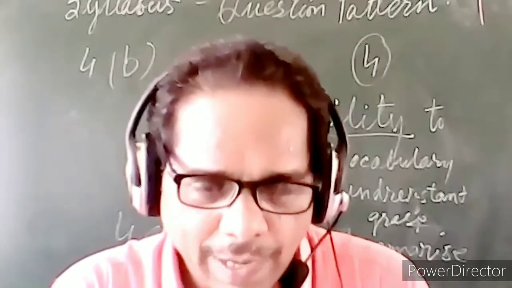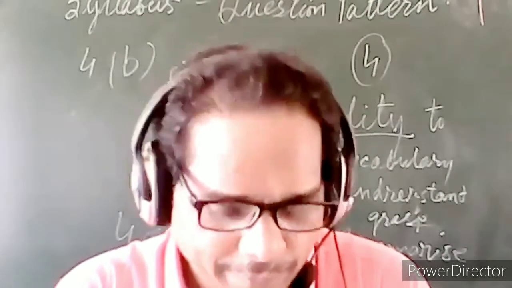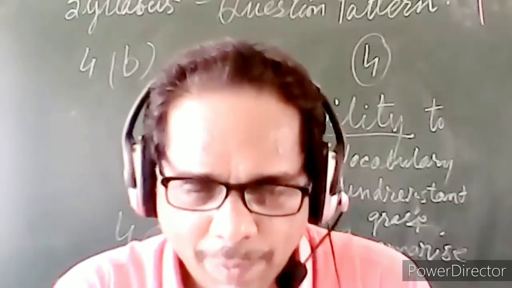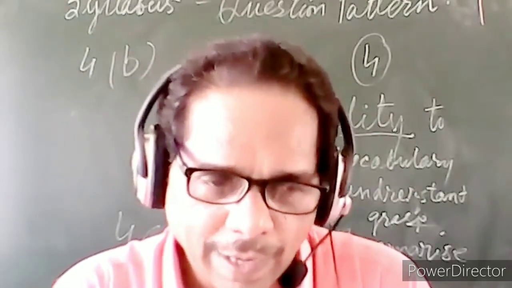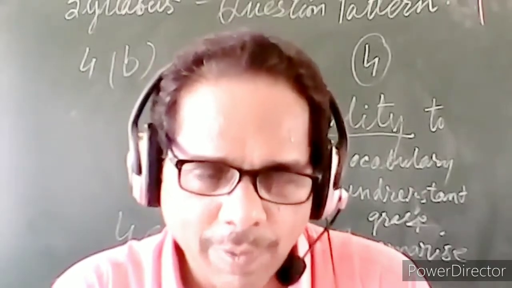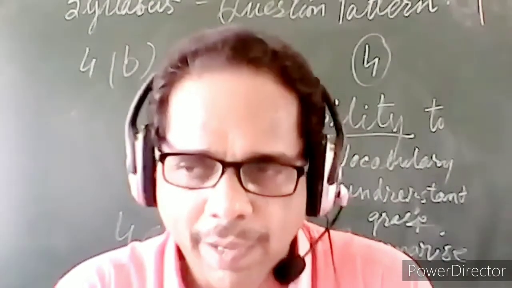Next question number 3, grammar items. In grammar items I have given you in detail: grammar point 1, grammar point 2, grammar point 3. There are certain things we need to study, but you need not worry much because you are somewhat familiar with it. Then question number 4: A, B, and C. Question A, 1 and 2.